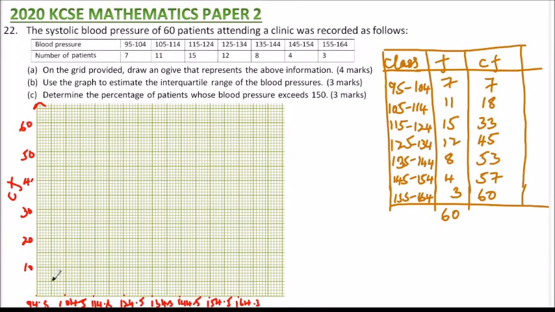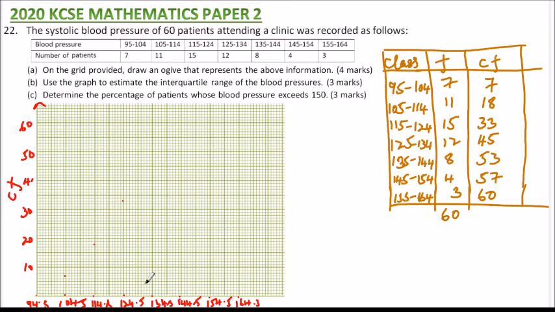So we start with 95 to 104. We have 7. So we come here and we get the value 7 there. Then the next one is 18, you have it here. The next one is 33, you get our 33 there.